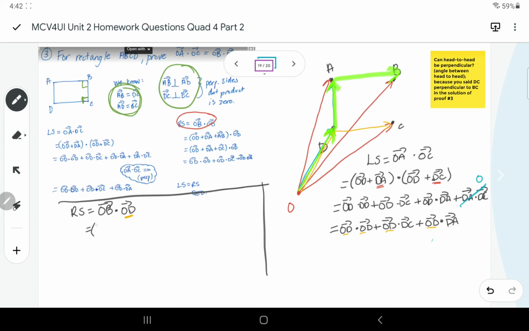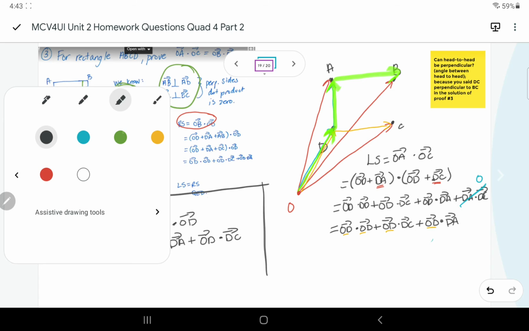So here I'm making the OB be OD plus DA plus DC, dot OD. And when I distribute the dot product in, I'm getting a lot of the same stuff. So here I have OD dot OD plus OD dot DA plus OD dot DC. That's looking really good, right?